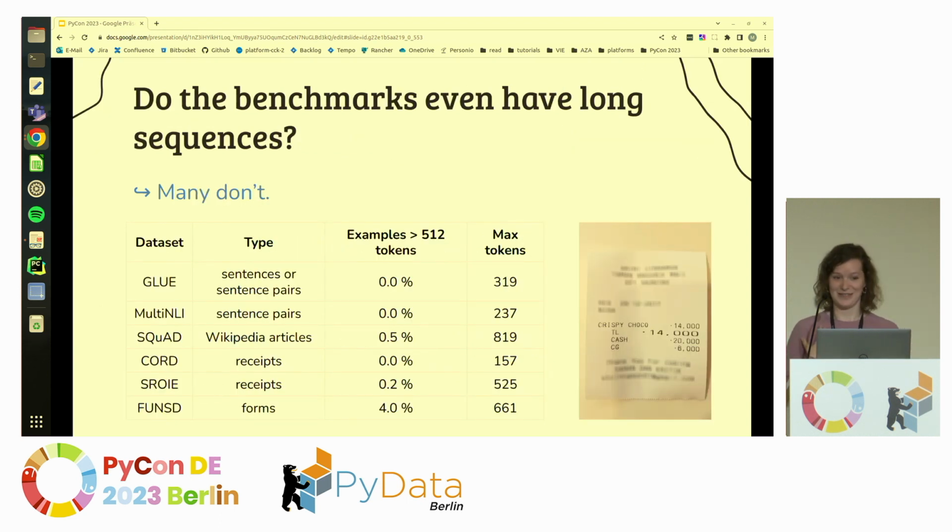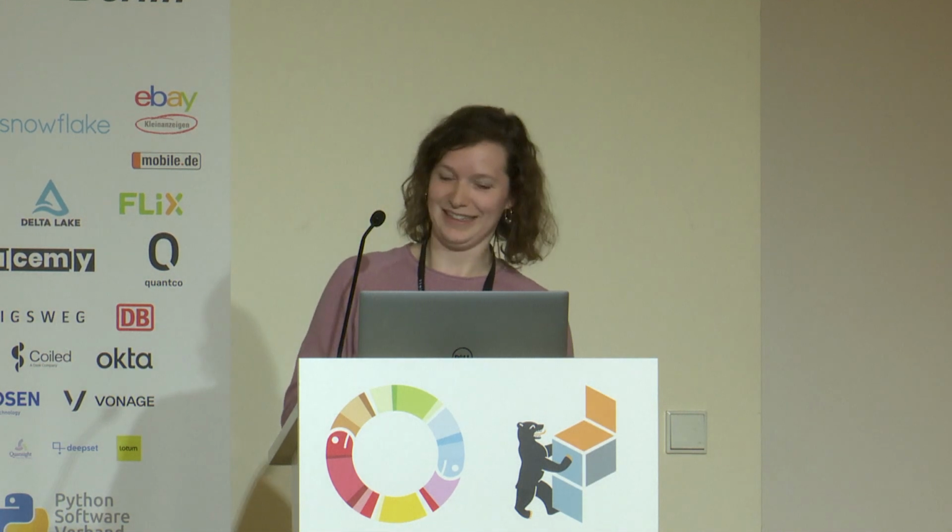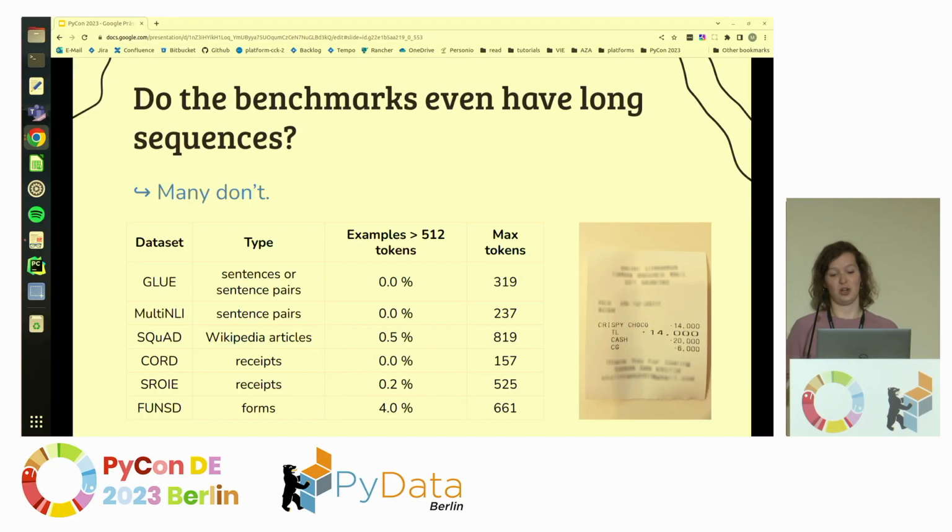So my next question was, do our benchmarks even have long sequences? By the way, it was impossible to figure out these statistics anywhere online, so I ended up downloading the test sets of a lot of benchmarks and doing the counting myself. What I found out is that indeed many benchmarks don't have long sequences.